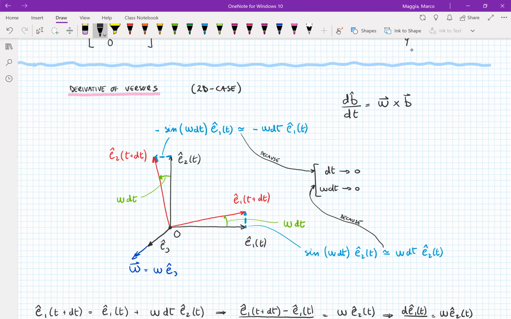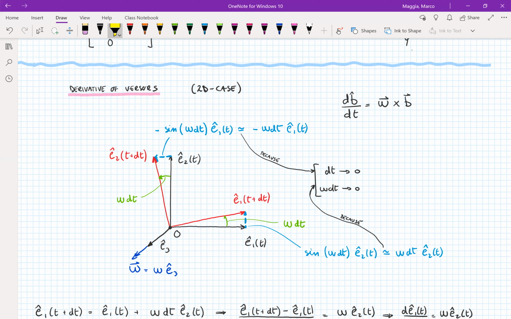So let's take a look at why that is the case. Again, this is not a proof, it's just a two-dimensional case, which will then be expanded to 3D with a little bit of faith. But nevertheless, I just want you to understand where it comes from.